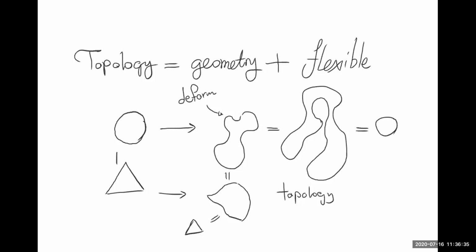Whereas in geometry, of course, circle is not the same as triangle, right? In topology, the things we can't do is we are not allowed to cut anything. So for example, circle is not equal to this thing. We are not allowed to cut this circle. We are allowed to deform, but we are not allowed to cut. Or we are not allowed to glue two things to each other, right?